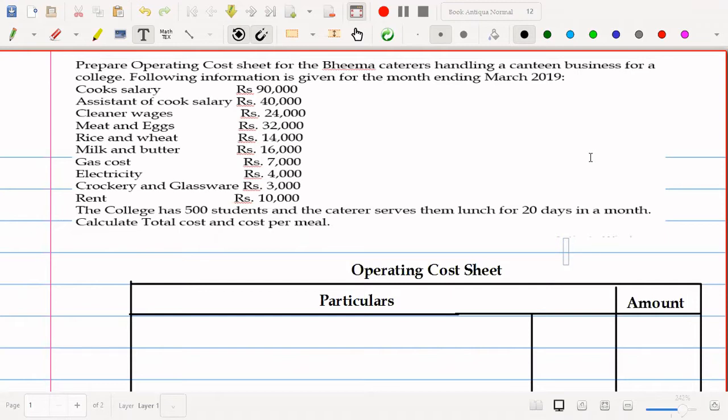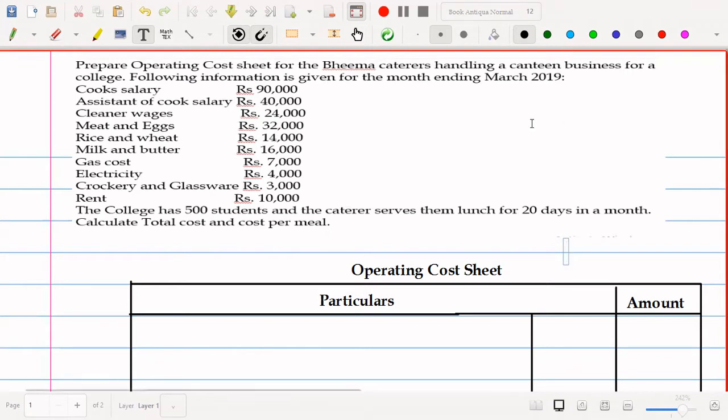Cook's salary rupees 90,000, assistant of cook salary rupees 40,000, cleaner wages rupees 24,000, meat and eggs rupees 32,000, rice and wheat rupees 14,000, milk and butter rupees 16,000, gas cost rupees 7,000, electricity rupees 4,000, crockeries and glasswares rupees 3,000, rent rupees 10,000. The college has 500 students and the caterer serves them lunch for 20 days in a month. Calculate total cost and cost per meal.